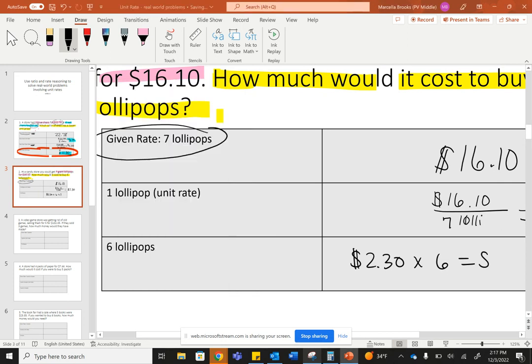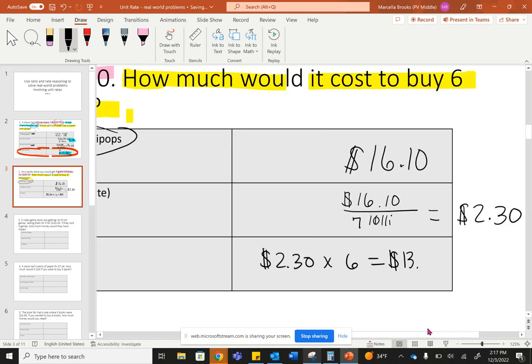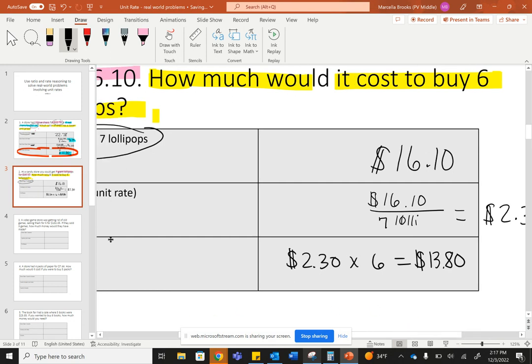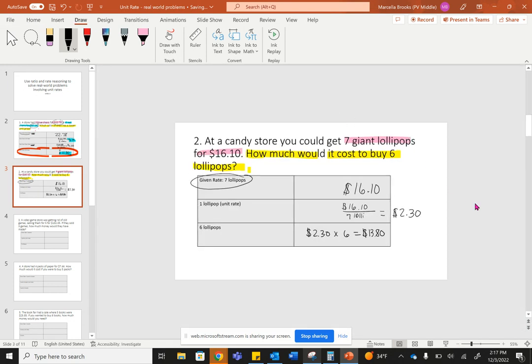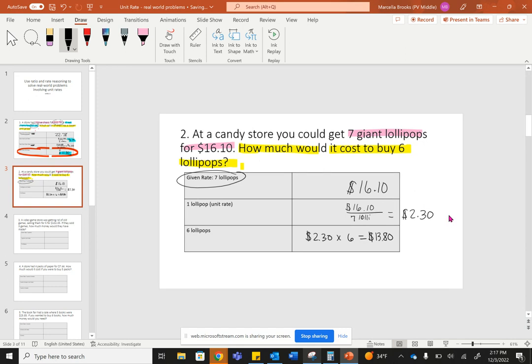So it's going to be $13.80. Wish there was a better way to zoom out. So 6 lollipops is $13.80. Okay. So that answers our question. 6 lollipops cost $13.80.